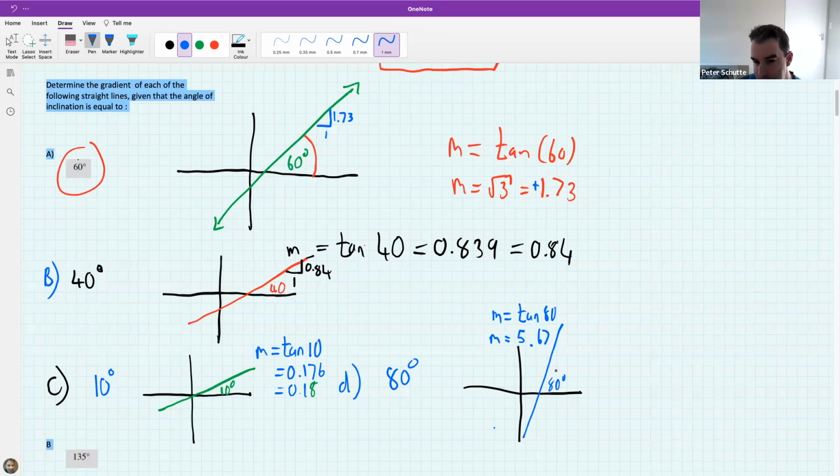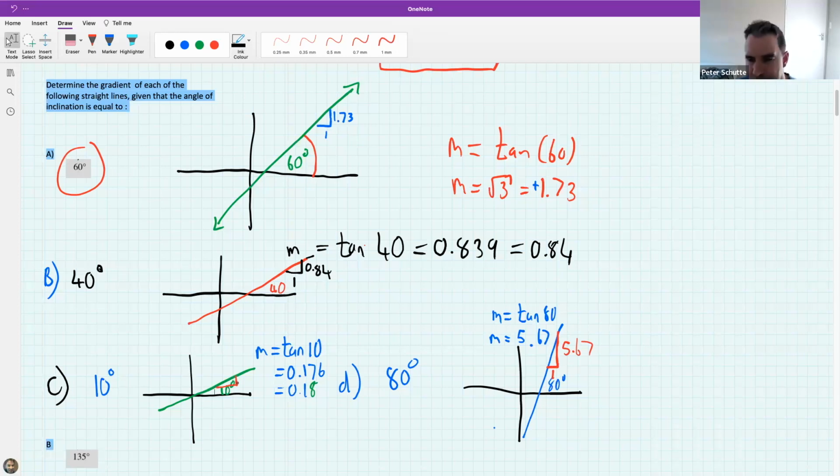If the angle is bigger, it gets steeper. If the angle is smaller, the gradient is smaller. From what I can see here, with 80 degrees, the gradient is 5.67, which means if I go one across, I go 5.67 up. Whereas here, if I go one across, I hardly go up at all, just a little bit.